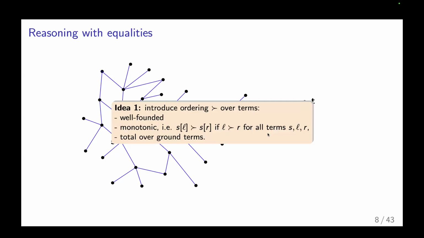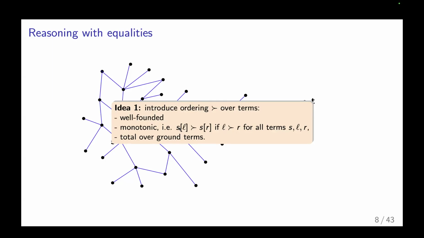So instead, we will use this second idea and we introduce some kind of ordering over terms with the following properties. We want it to be well-founded, so when we go downwards, it should terminate. We want it to be monotonic, so if two terms are ordered in a certain way, here L and R, then if we place these terms as subterms into some bigger terms, then those terms should be ordered in the same way.